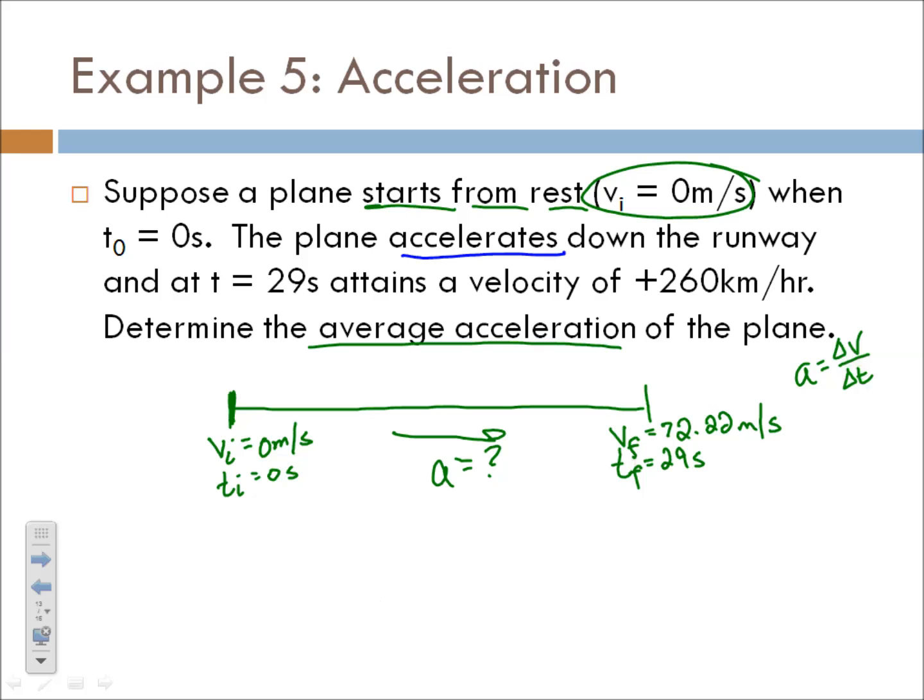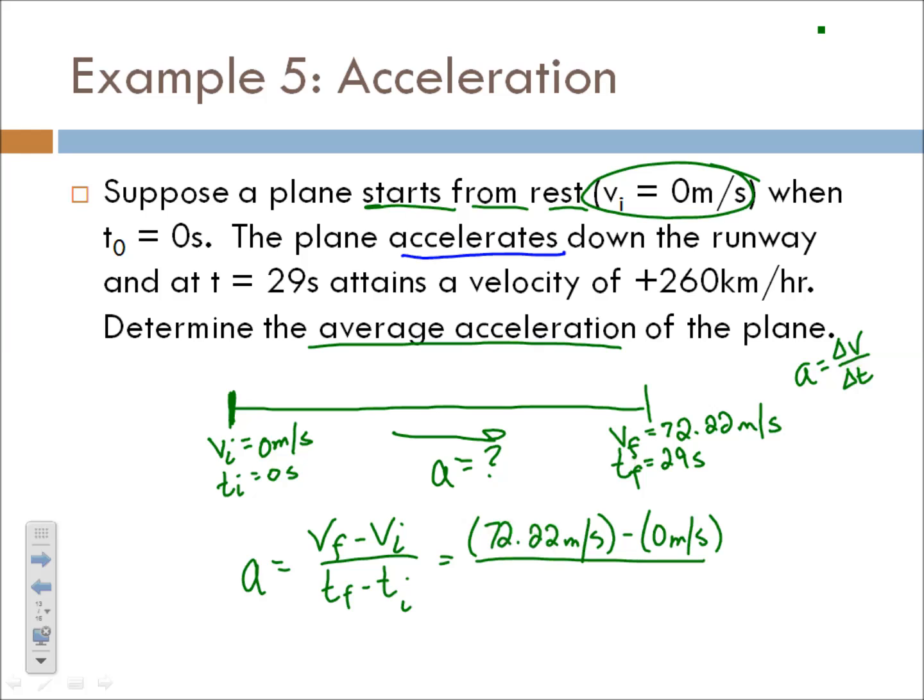In our acceleration equation now, we have v final minus v initial over t final minus t initial, and we identified all those by reading through the problem and writing down our givens and our unknowns. So our final velocity here is 72.22 meters per second. Initial velocity, 0 meters per second. Final time, 29 seconds.